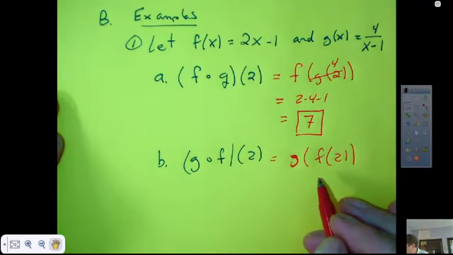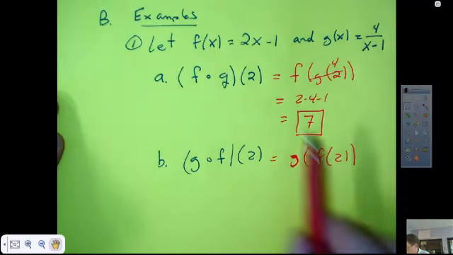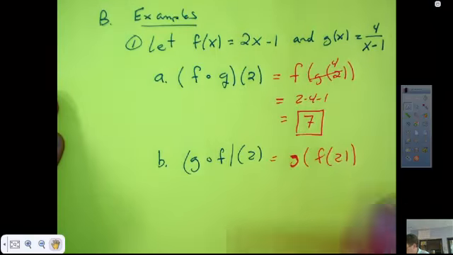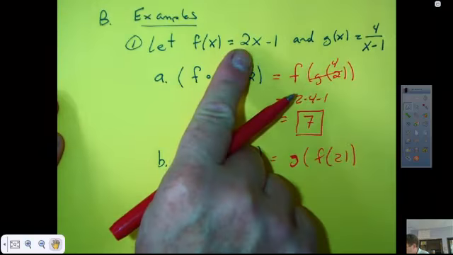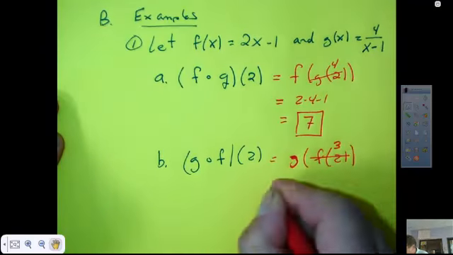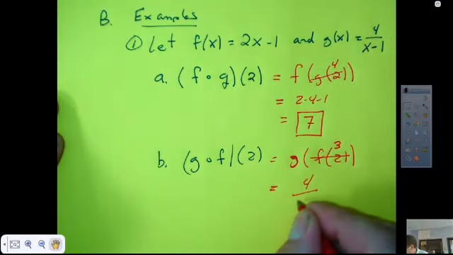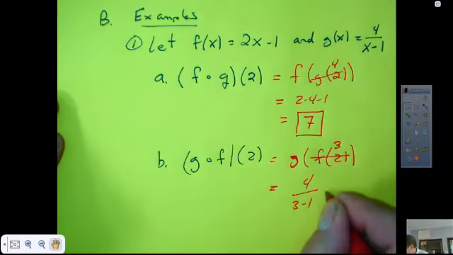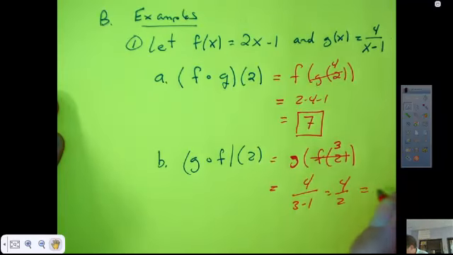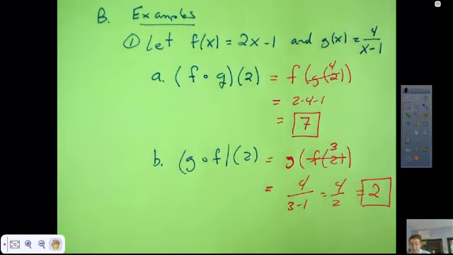Well, what's f of 2 equal to? f of 2 would be 3. Yeah, so 2 times 2 is 4, minus 1, is 3. So this says find g of 3, right? That's 4 over 3 minus 1. So g of 3 is 2. So yes, they're not necessarily the same.